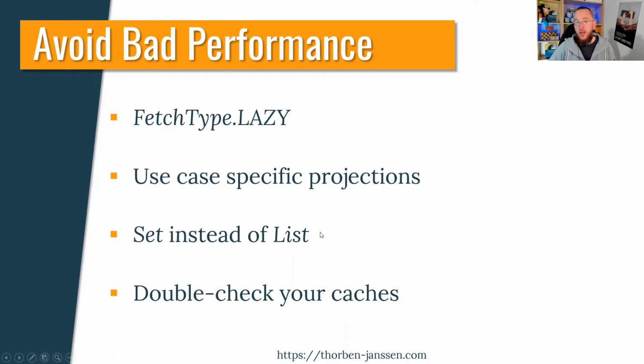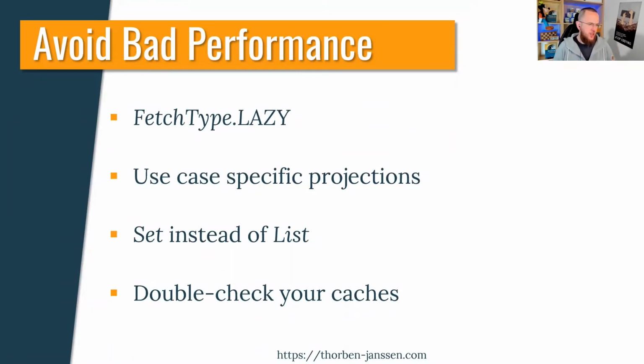And if you're activating caching, please always activate logging for your cache or the Hibernate statistics that you just saw at the end of each test case, because you need to double check if Hibernate actually used the cache or if you're just creating an overhead by managing the data in your cache without reading it from there.